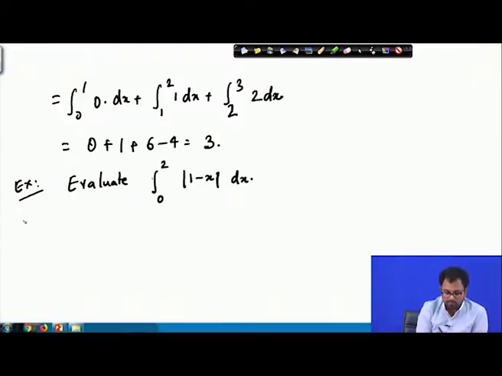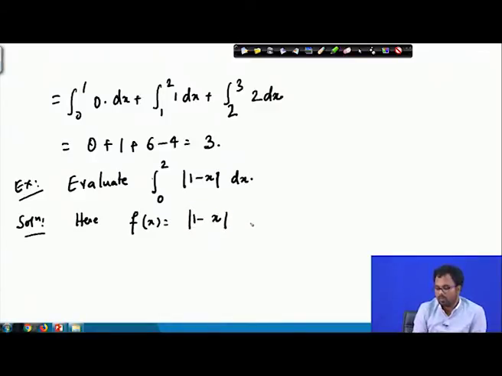Here our function f(x) is mod of 1 minus x for x between 0 and 2.